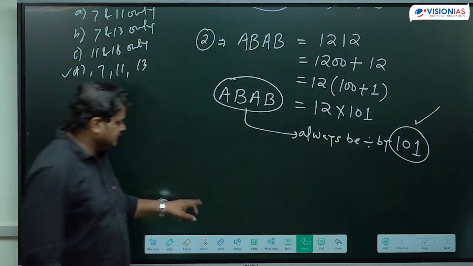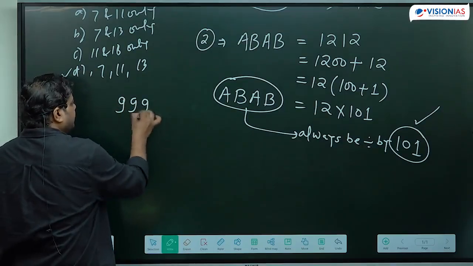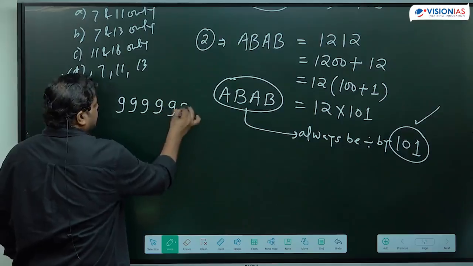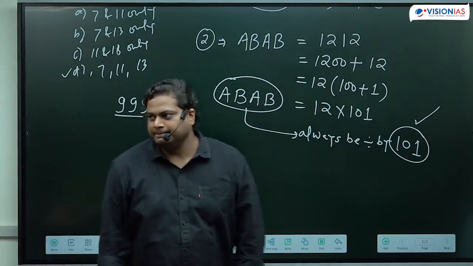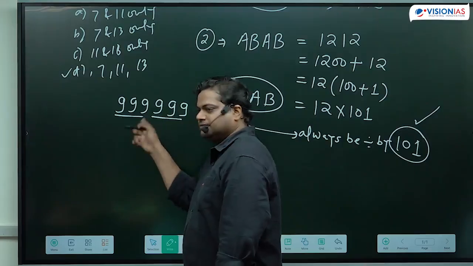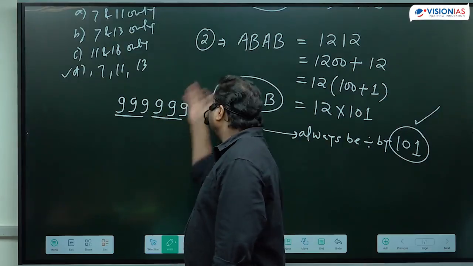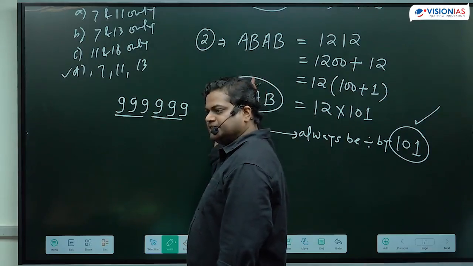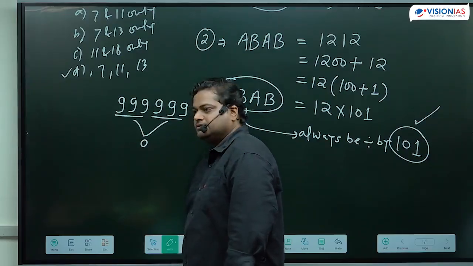999 and 999. If I take 999 999, this is also ABC ABC form, where A is equal to B is equal to C. If we apply this 7 11 13 का divisibility rule, then also we are going to get the same thing. यहाँ पे देखो what difference we are getting? 0.